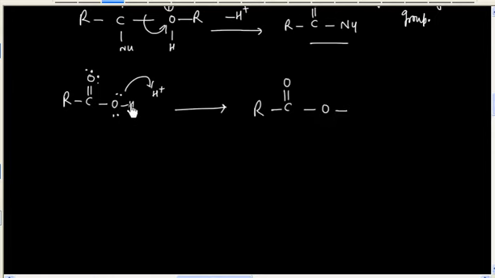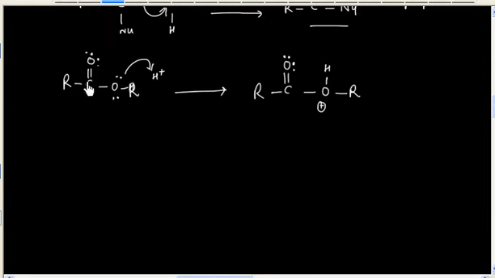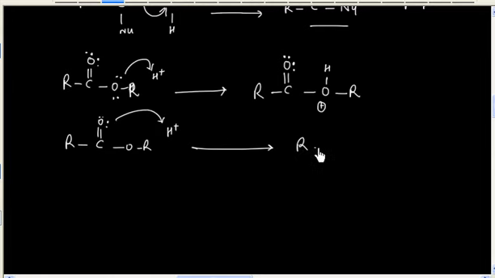So here we have R. So this is the protonated form if I protonate this oxygen. Now let us protonate this oxygen. So in this case, we will have this protonated form. Now if you see, this protonated form is resonance stabilized.